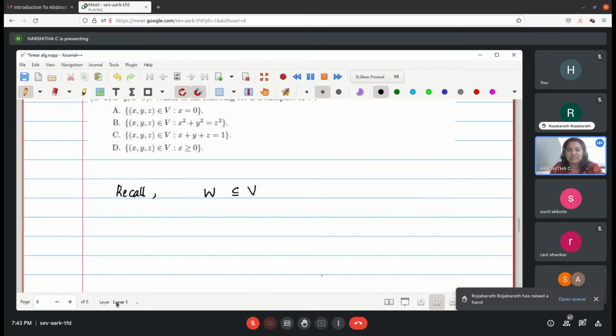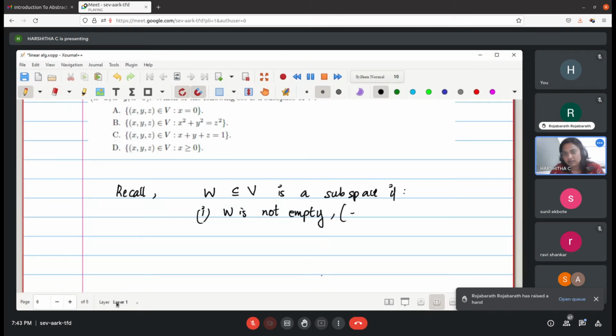There is just a condition which you have to check. So first of all, you will say W is non-empty. We don't want to look at empty subsets. Or an easier way of checking this is the vector 0 should belong to W.